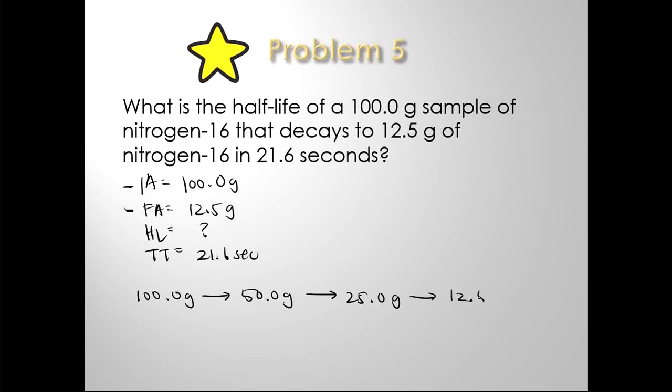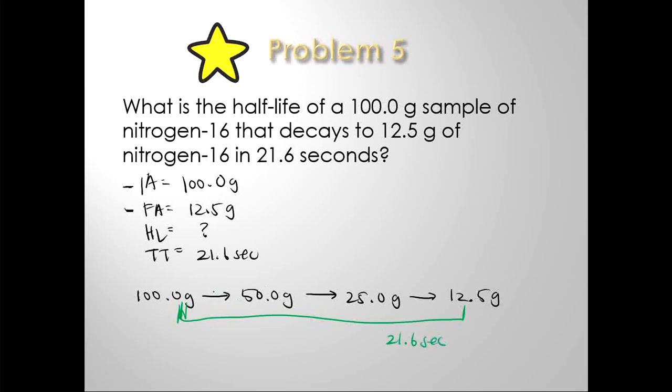So what I'm doing here is I just divided by 2, right? So we can see that it went through the half-life 3 times. So the total amount of time that it took to go from here all the way to here is 21.6 seconds.